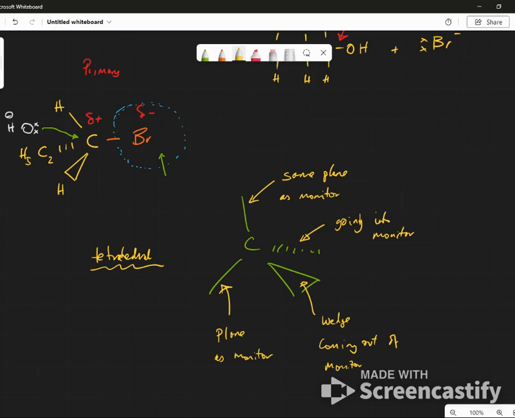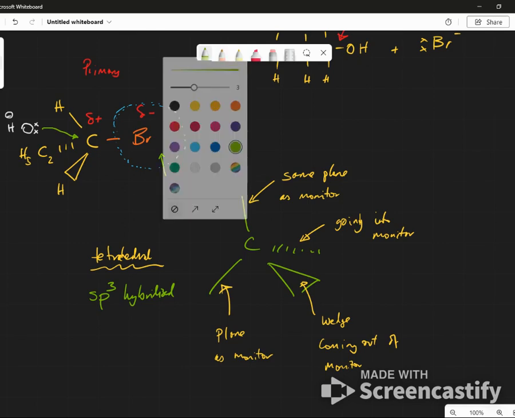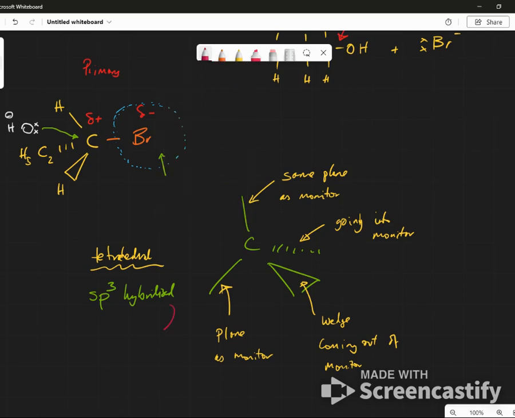And this is how all carbon atoms are. All, and I mean all, this is how all carbon atoms are when they are sp3 hybridized. Now, I know some of you understand that term and some of you are a bit shaky on it, but trust me, if it's sp3 hybridized, it must be in a tetrahedral shape.